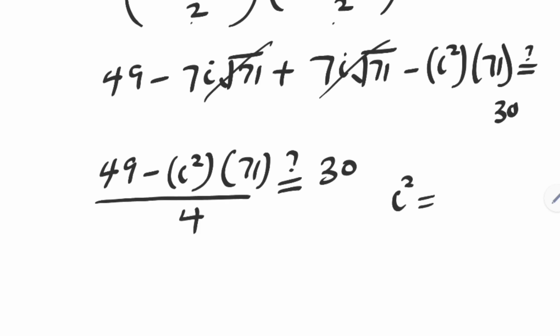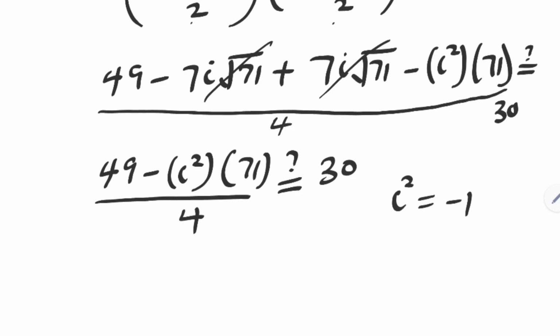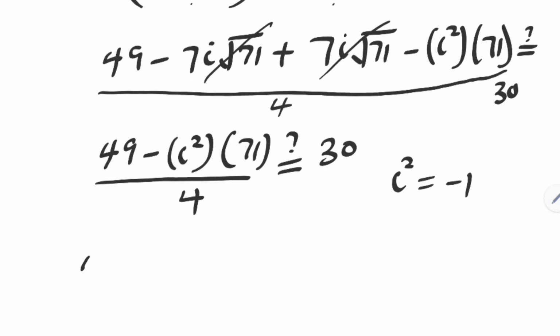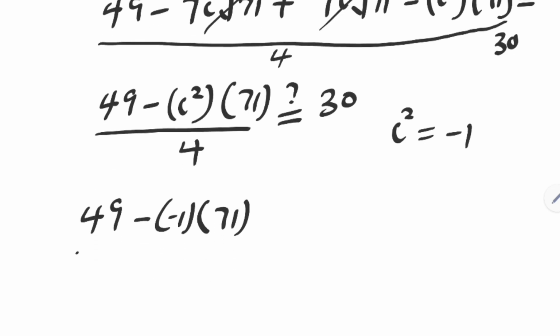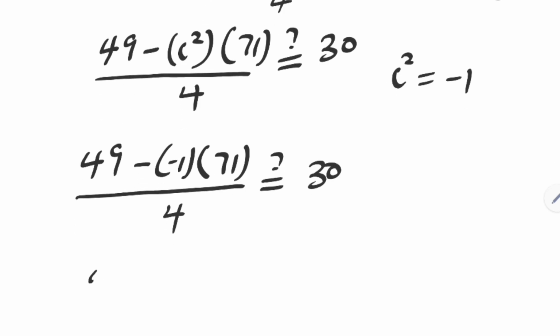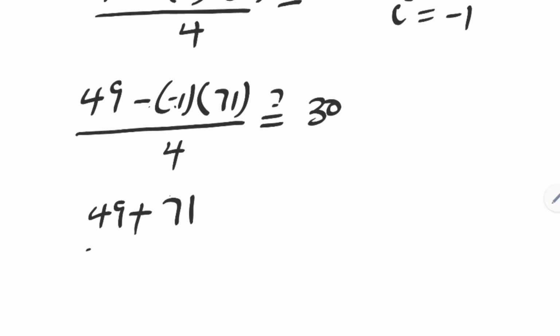i squared is equal to minus 1. Now we have 49 minus minus 1 multiplied by 71, divided by 4 must be equal to 30. This is 49 plus, minus times minus 1, that is plus 1 times 71, 71 divided by 4 must be equal to 30.